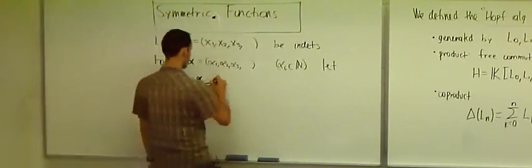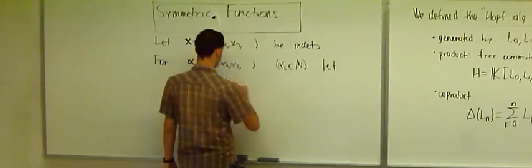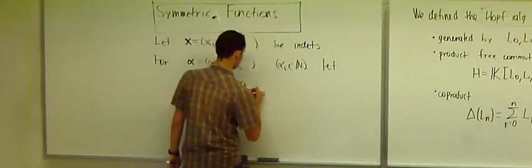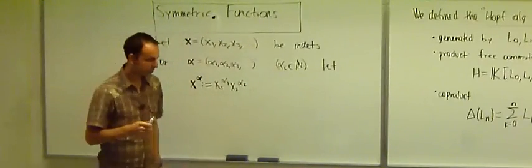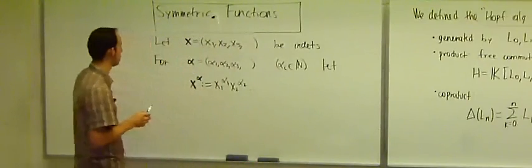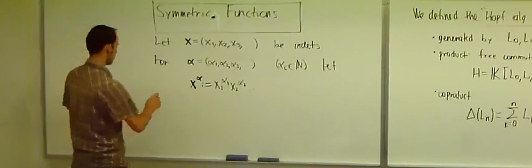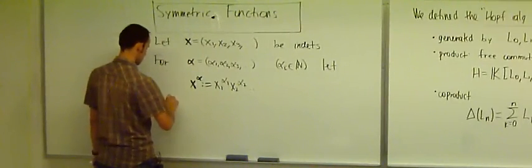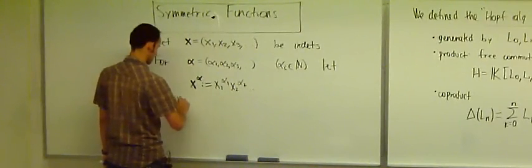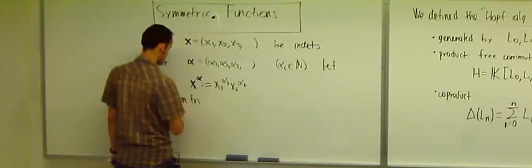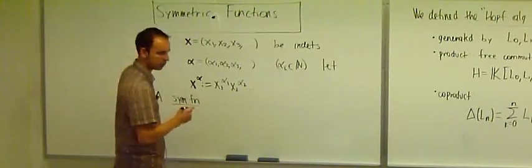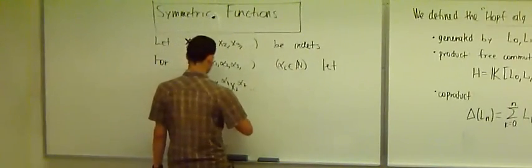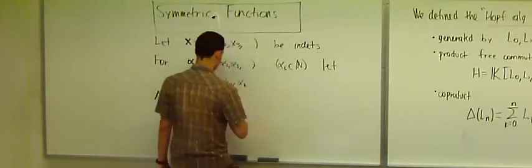Okay? x1 to the alpha 1, x2 to the alpha 2, etc. Okay? And so I'm going to say that a symmetric function is, let's say, over K, some field K.